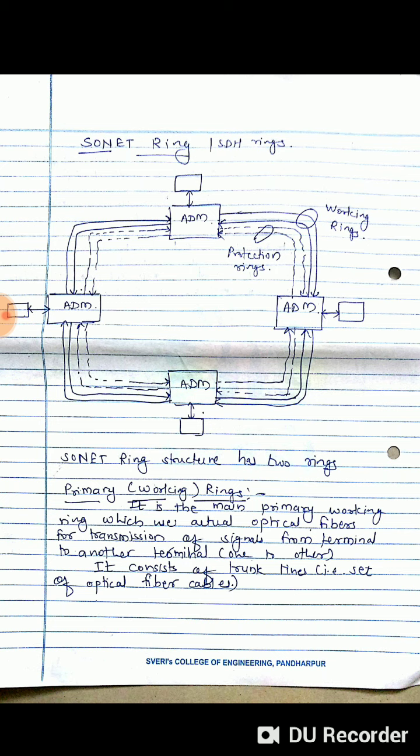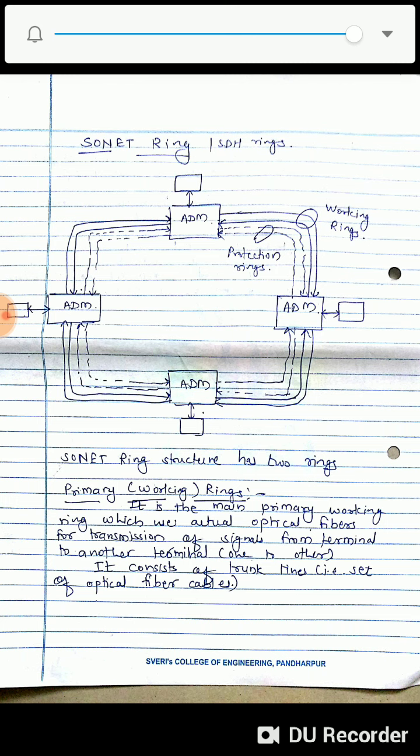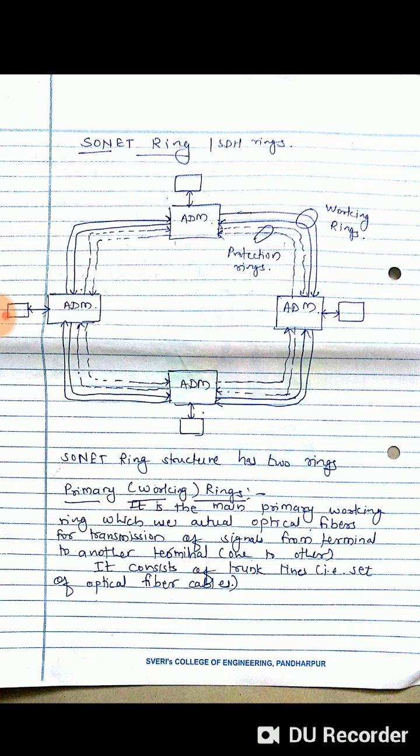The end users are connected to the add drop multiplexer. Add drop multiplexers are connected to each other with the help of this ring structure, the working ring and the protection ring. If there is any problem in the working of the primary ring at any time, then by default the signal transmission takes place through the secondary ring, called the protection ring, and the overall function of the network will not be disturbed because of that.